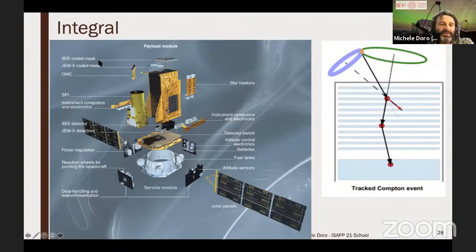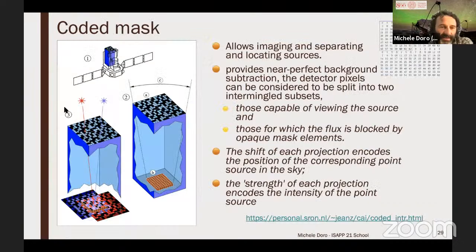This is what is called a coded mask. Integral uses coded masks, which are really a mask on top of the instrument made of tiles, in which part of the tiles transmit and part do not transmit, they absorb. By having this pattern, you break the correlation between the points.